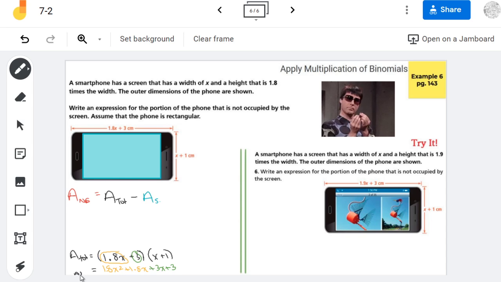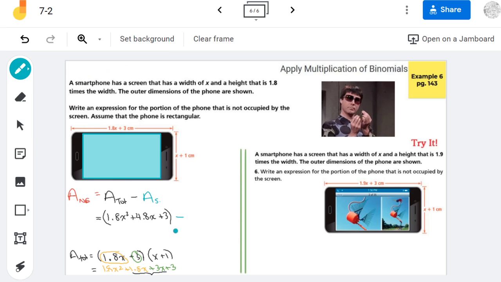So my total area, my ATOT, is equal to 1.8x squared, and I have 1.8x and 3x as my like terms. So together that's 4.8x, and then I have a plus 3. So that is my total area.